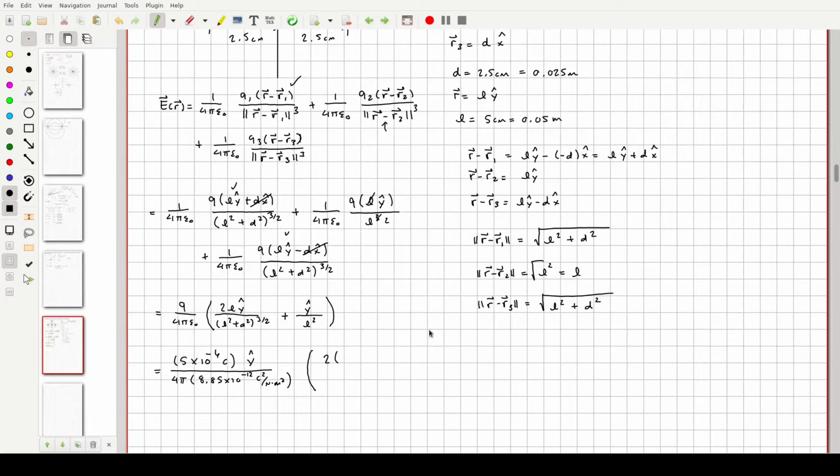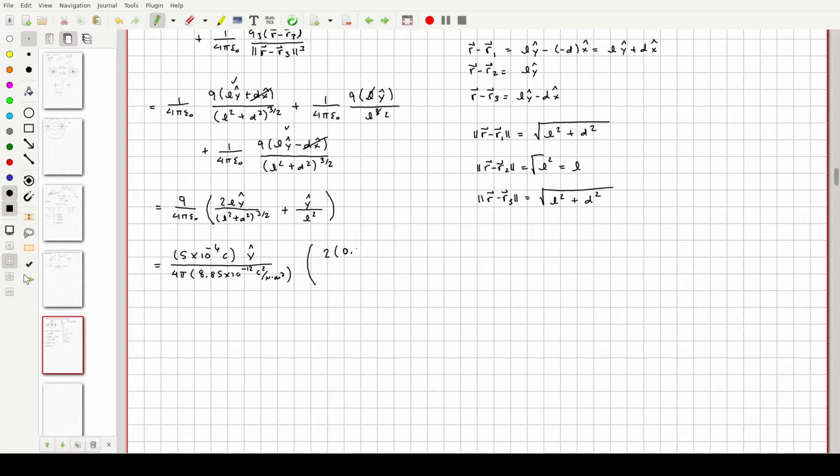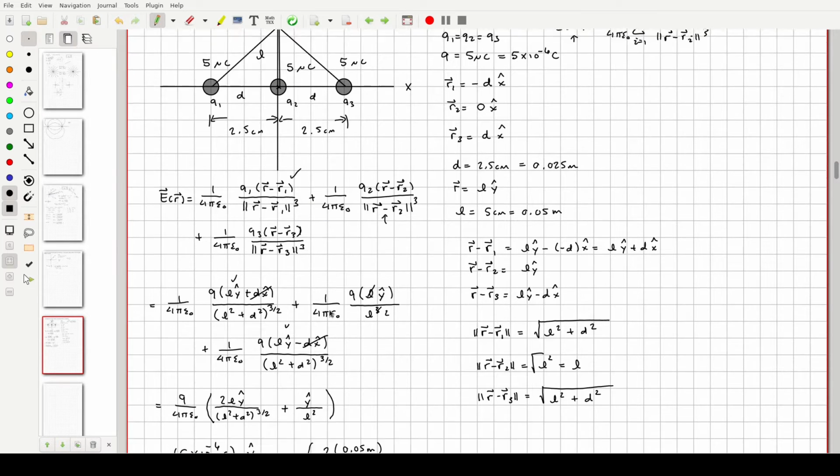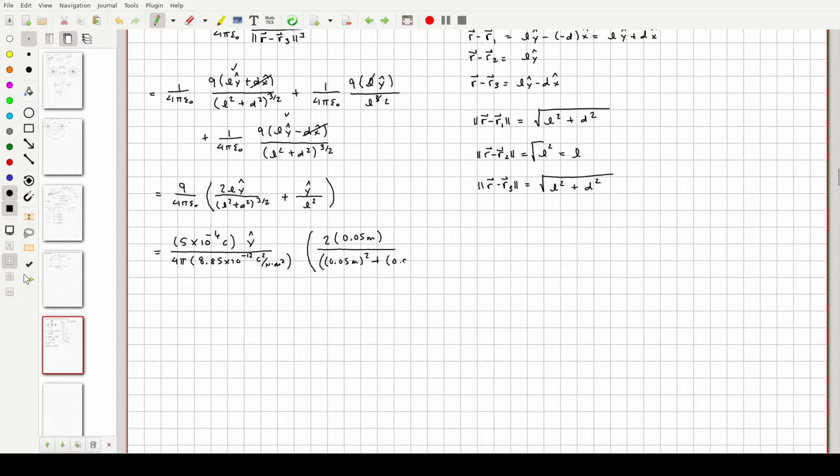It's 5 centimeters. Divided by L squared plus D squared, which is just 2.5 centimeters. So that's raised to the 3/2 power. So that's your first term. And then your second term is just 1 over 0.05 meters squared.